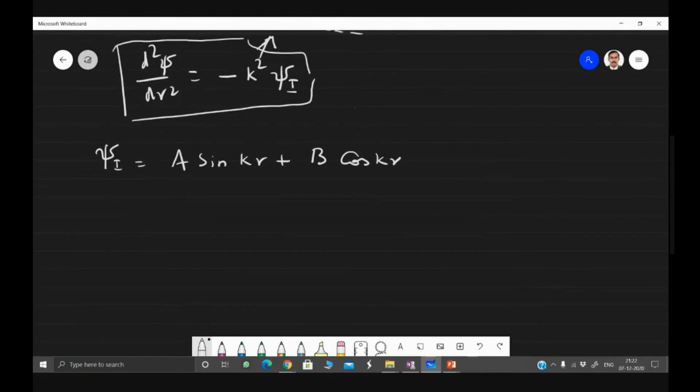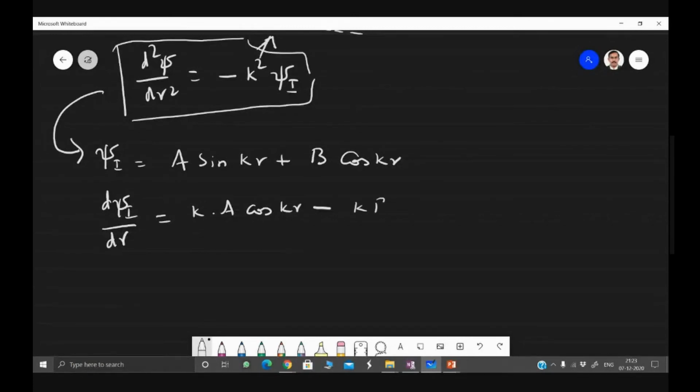The solution for this differential equation is psi 1 is equal to a sine kr plus b cos kr. We can immediately check by taking the differentiation of this wave function with respect to r. So d psi 1 by dr will be k a cos kr minus k b sin kr. Just to differentiate, sine gives cos kr, cos will give minus sin kr, and k will come in front.